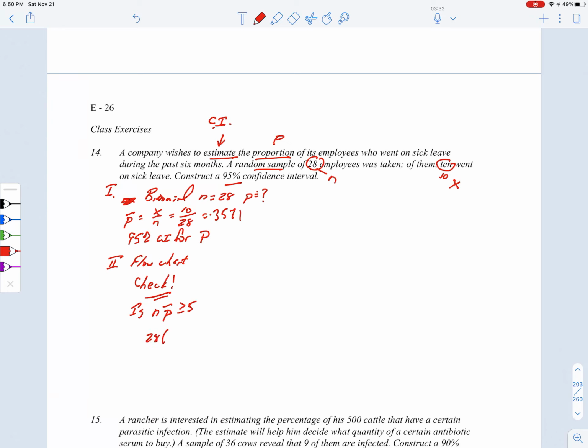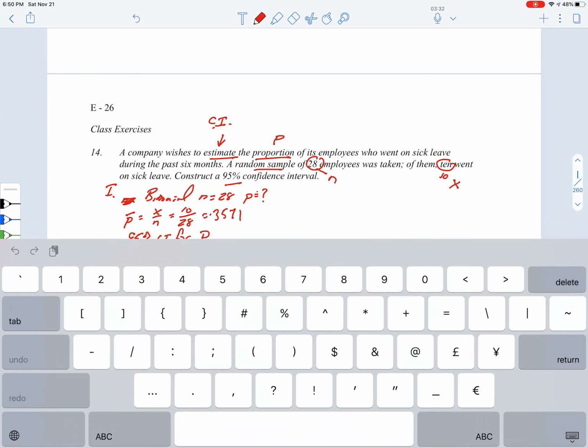And so in our particular case, that's going to be n is 28 times p bar was 10 over 28, so that comes to 10. Check. Is n times 1 minus p bar greater than or equal to 5, and that would be 28 times 18 over 28. Check, check. So the first box that we have here then works.